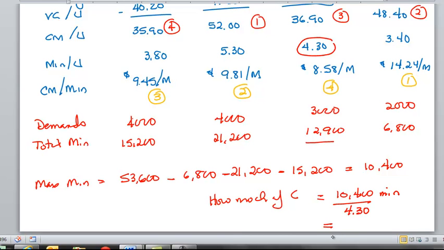And it tells us that we can then produce 2,418.60, but you can't make part of a part, so 2,418 is the total number of units of C, which is our fourth priority. So you would build all of demand for number 1 or D, all demand for number 2 priority or B, all the demand for number 3 or A, and then 2,418 units of C, which would come to a total of 53,600 minutes, which is our maximum number of minutes available.